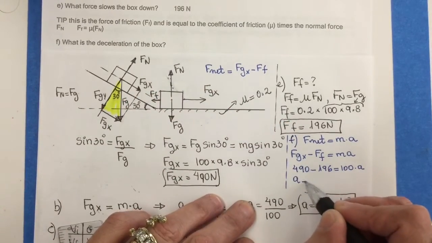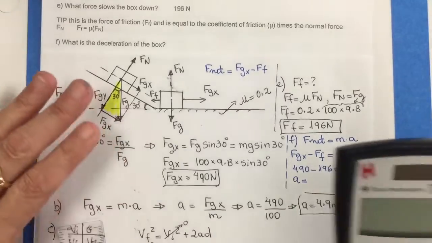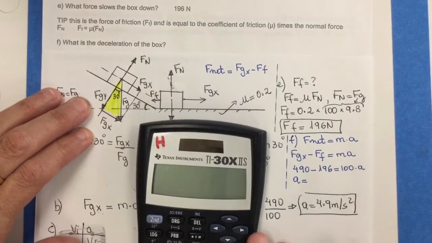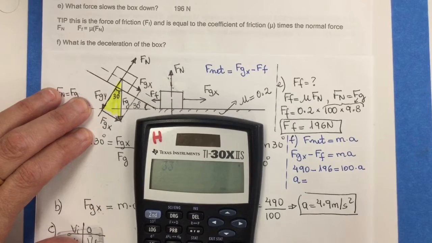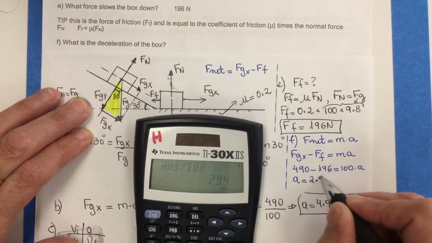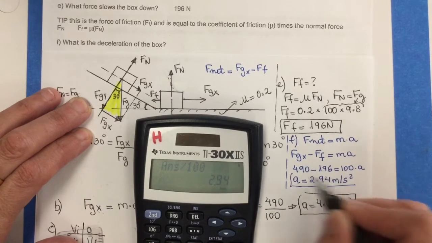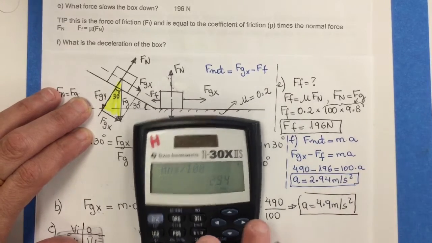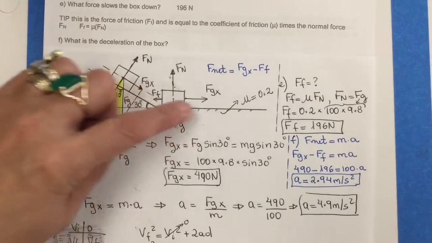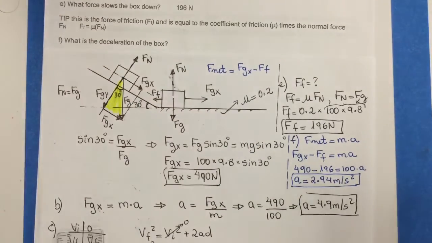So a is equal to 490 minus 196 divided by 100, which is 2.94 meters per second squared. That is our deceleration on the flat portion of this trajectory.